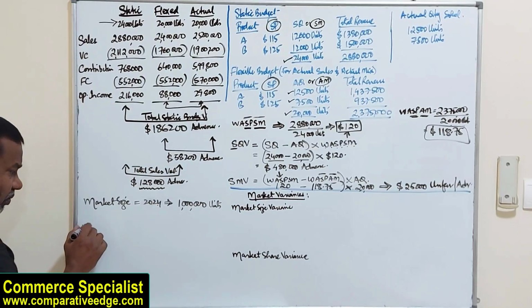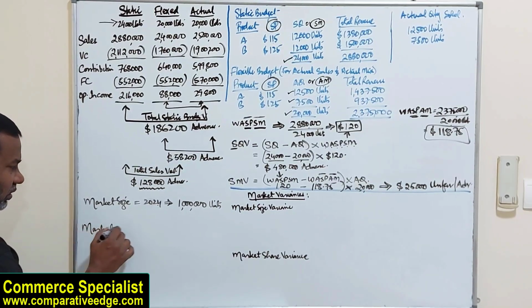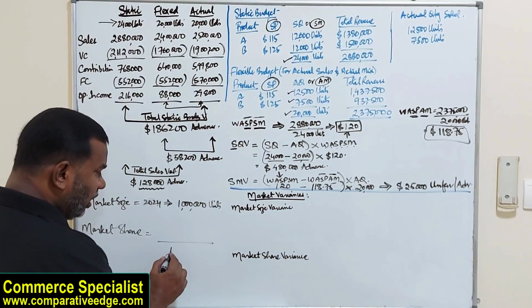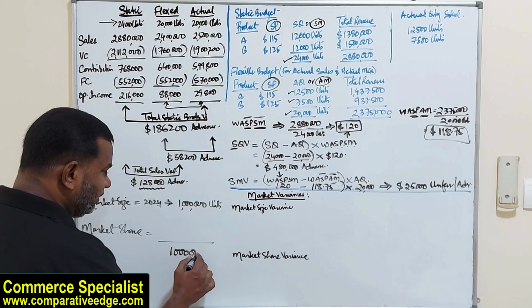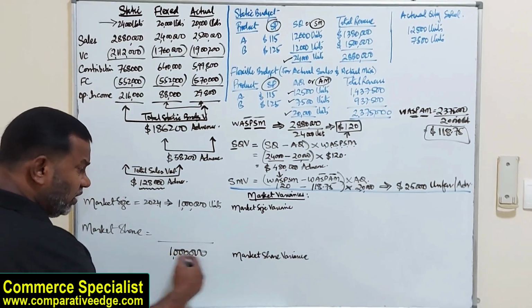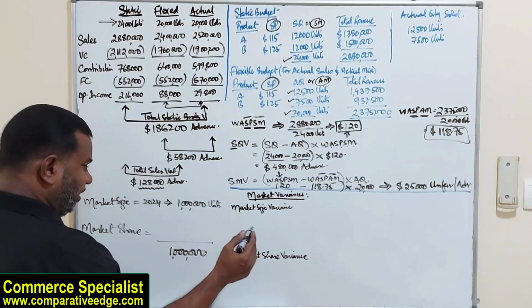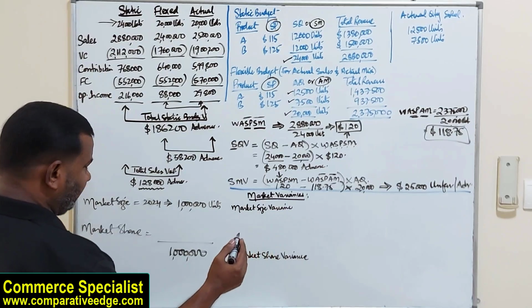When we talk about market share, for example, total number of cars sold is 1 million, which includes different brands of car, different makes like Toyota, Honda, BMW, so on and so forth.